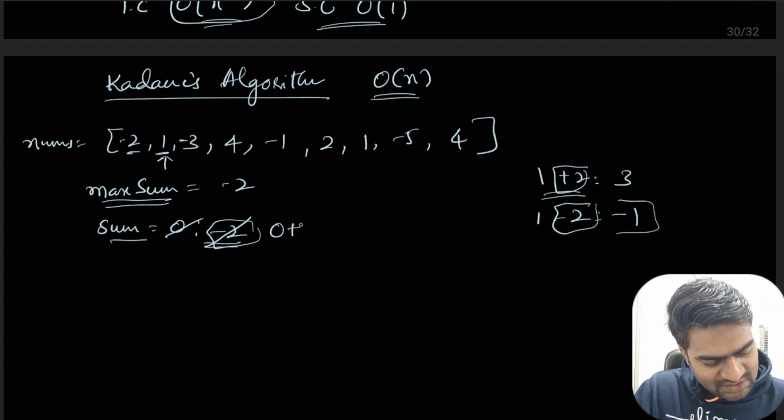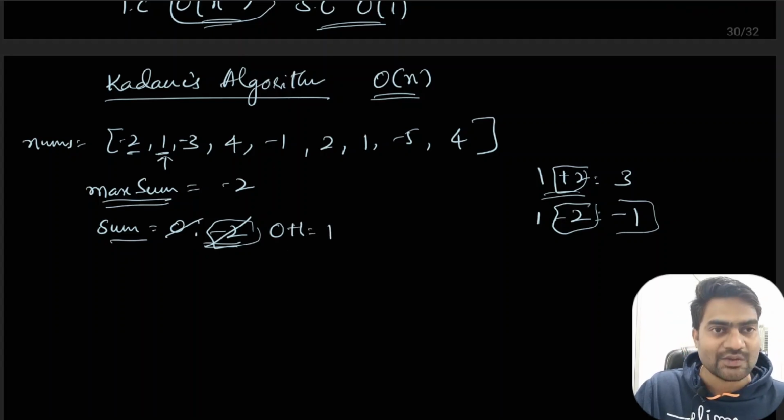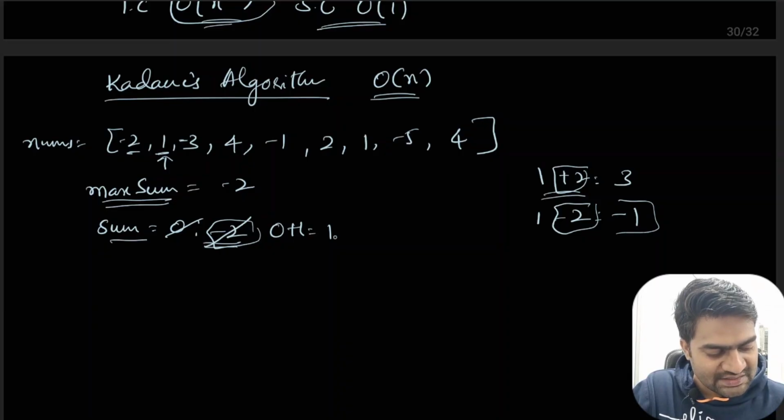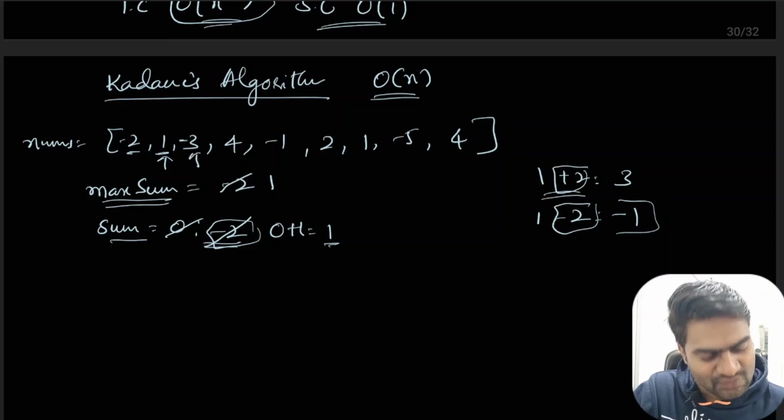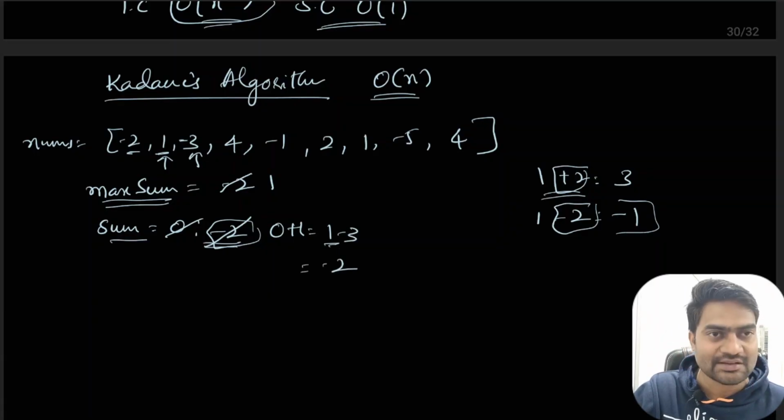So I will add 1 to it, so it becomes 1 now. Sum is 1 now, so it is greater than maximum sum, which is -2. So I'll update this with 1. Next I'll move to next number. Now if I add this to 1, this becomes -2 now. So -2 is not greater than 1, so my maximum sum remains as it is.